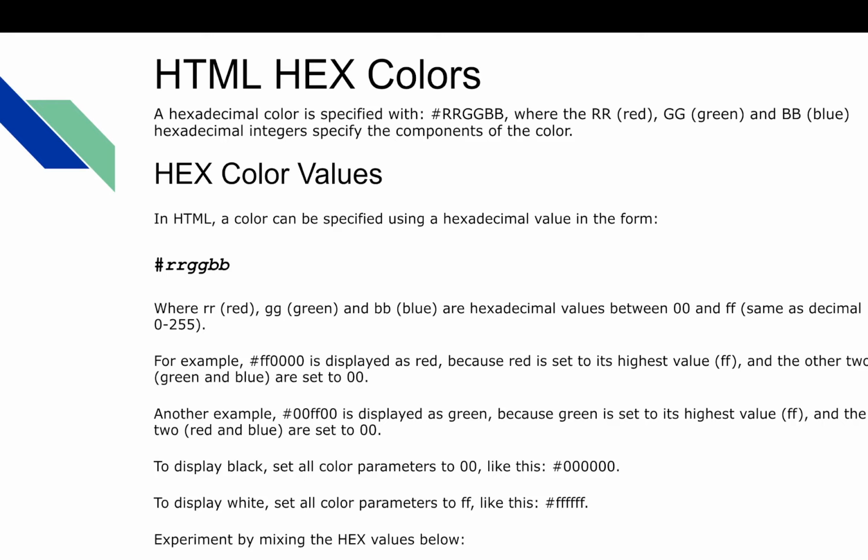Another example, #00FF00 is displayed as green because green has the highest value, FF, and the others, red and blue, are set to 0. To display black, set all parameters to 0, and to display white, set all parameters to FF.